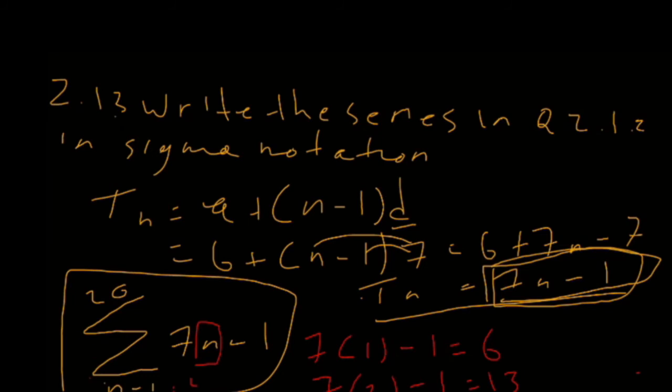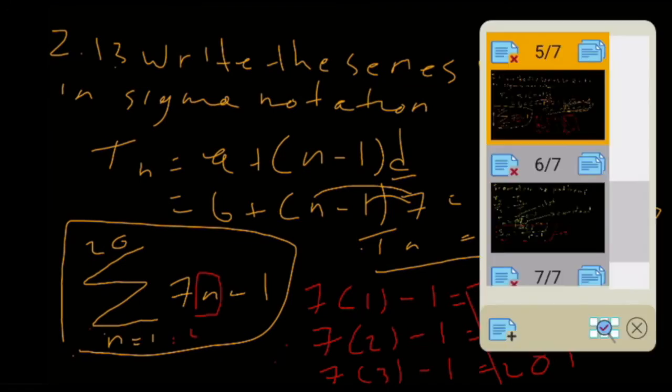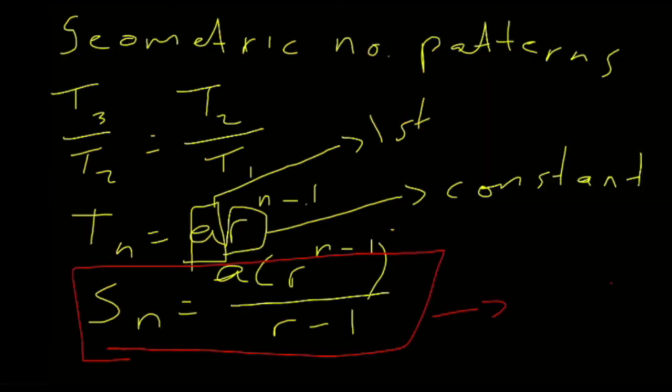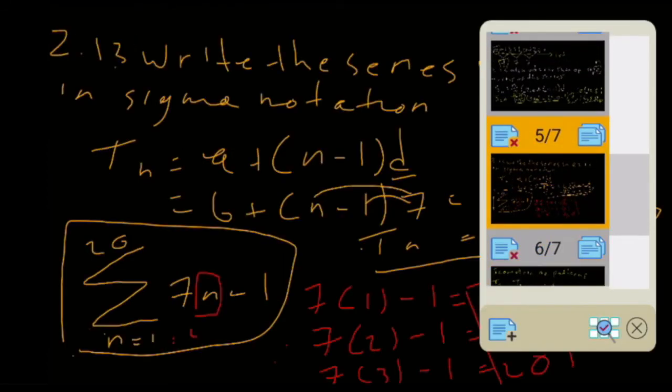Now check whether these values correspond with the values of your first 3 terms. Remember, let me just go back and check whether they correspond. Nope, it's not that one. Let me check this slide.